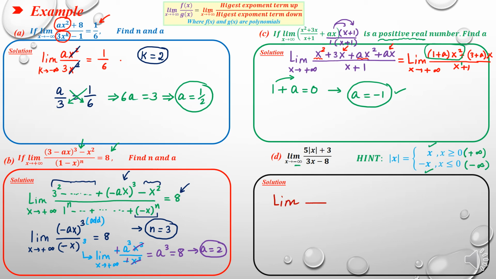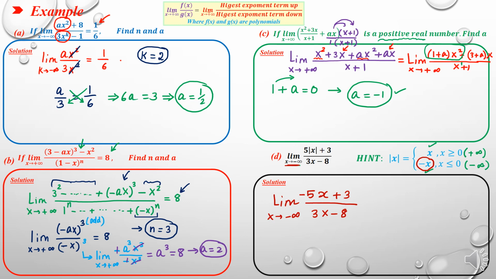So we have the limit of 5, and since x goes to negative infinity, the absolute value becomes negative x, so it will be minus 5x plus 3 divided by 3x minus 8, when x goes to negative infinity.